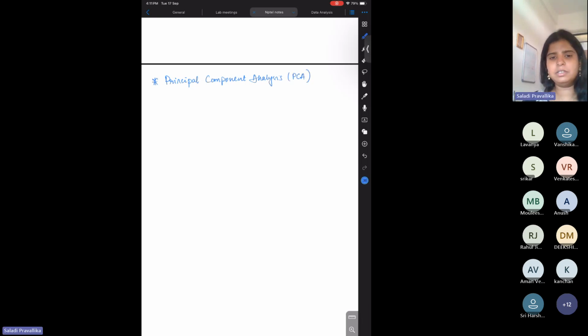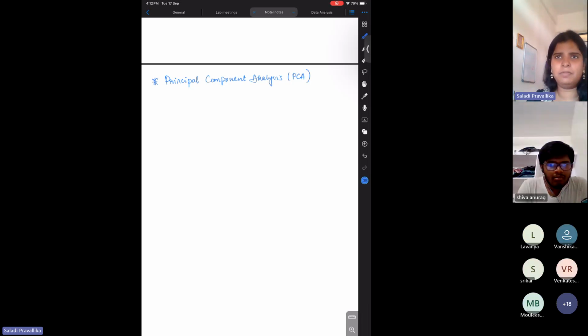Okay, so this is a topic that is used for dimensionality reduction and also in some methods of machine learning. It is basically used to simplify a large data set into a smaller set while maintaining some significant patterns and trends. Let us say I'm having some data from 1,000 people over a couple of years.